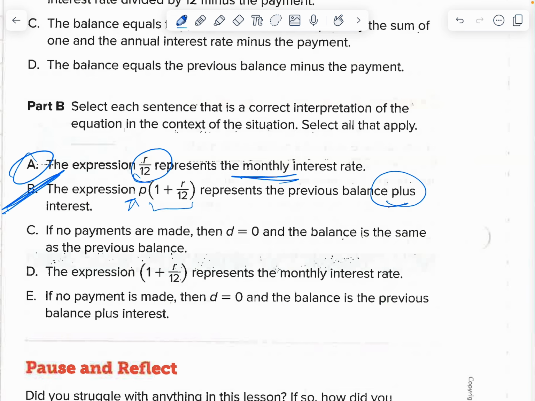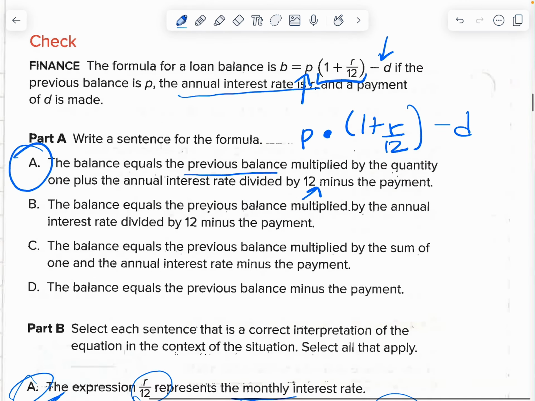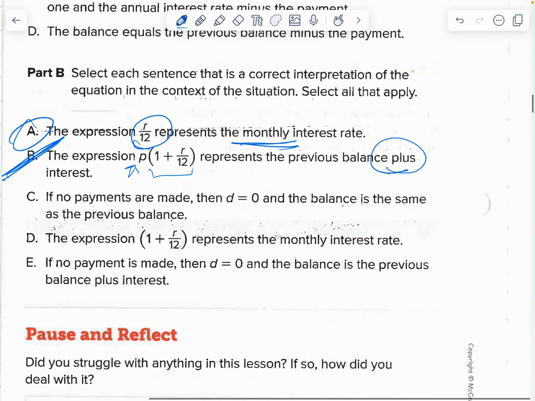Oh, did they mean to write something else? Okay. This can be right if you distribute this.